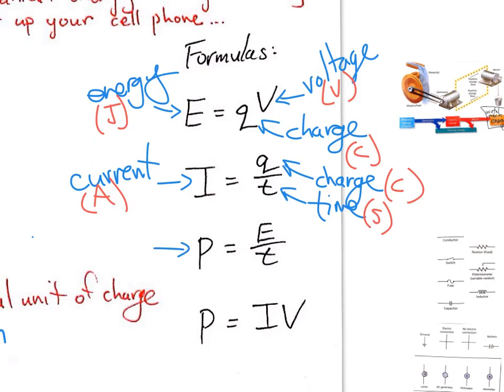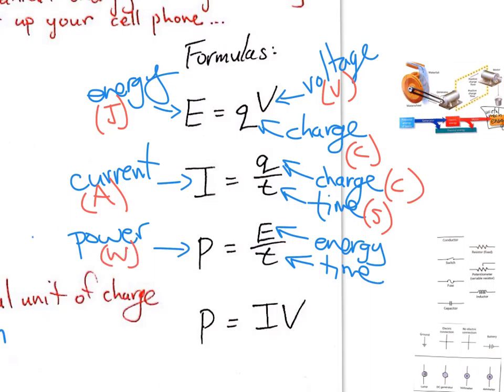Okay, and then down here we have power. We've definitely talked about this when we were talking about kinetic and potential energy. So power is energy or work per time. So energy per time. And power is measured in watts. Remember, watts my power output. Haha. Energy, joules, time, seconds.